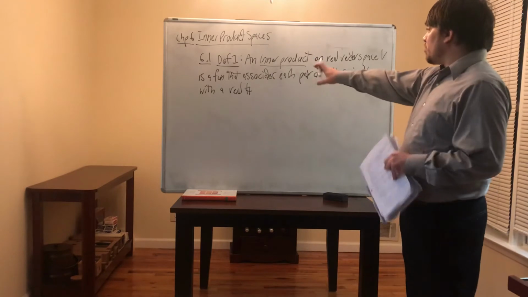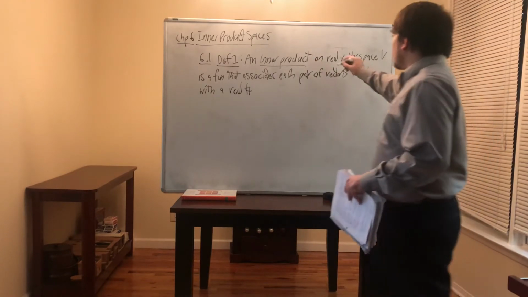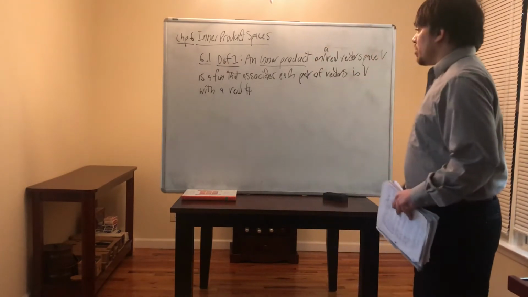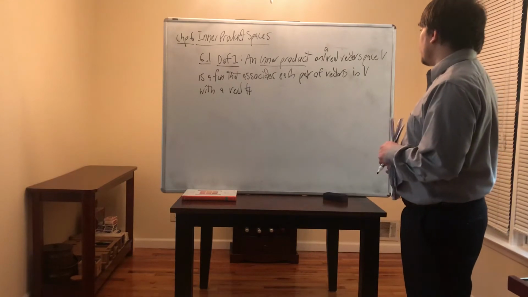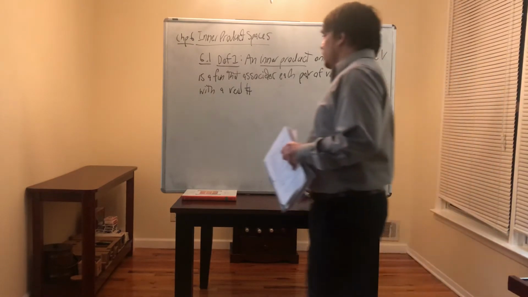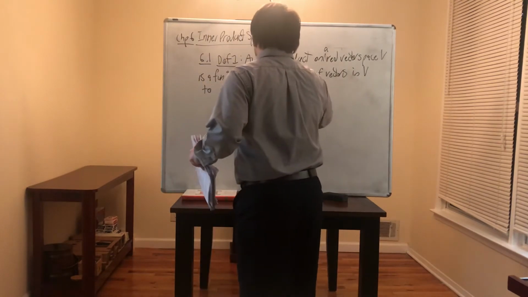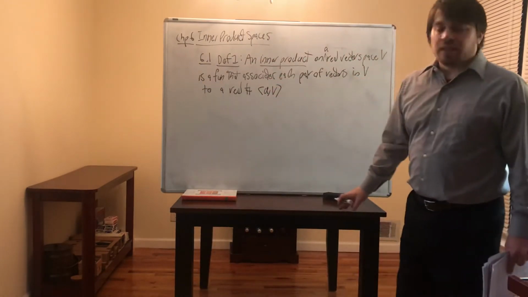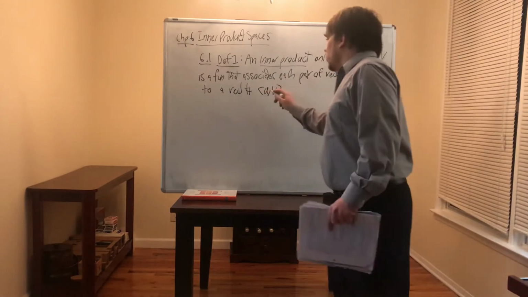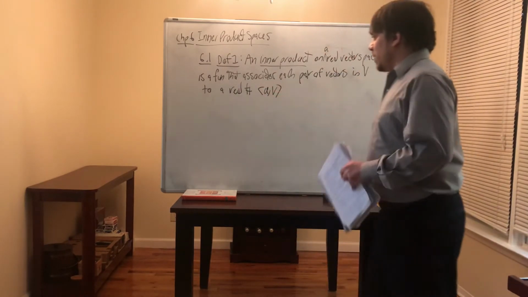Okay, so an inner product on a real vector space V is a function that associates each pair of vectors in V to a real number, and this is a real number that is given that notation.